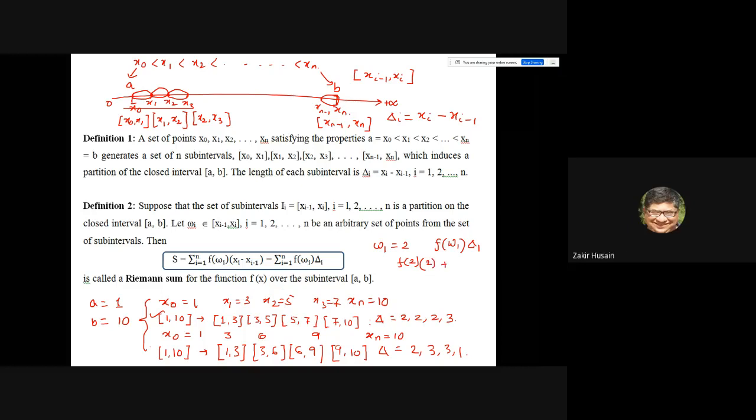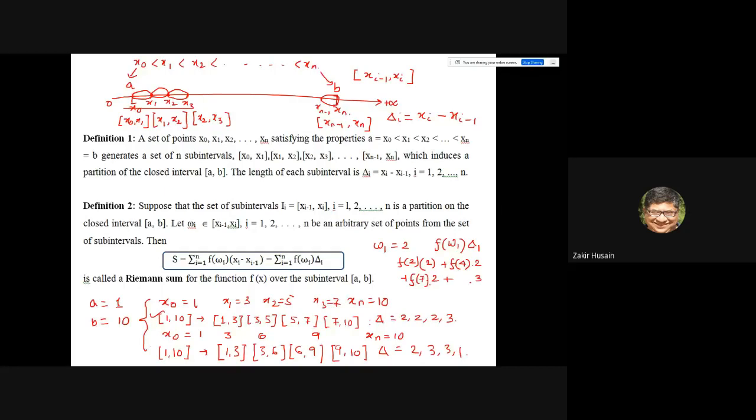Okay. The second subinterval is 3, 5. Now take any number. So F4. So omega is 4. So we put in F4 and the interval is again 2. Okay, so let's write down the intervals first. Now 5 and 7. Let us take 7.